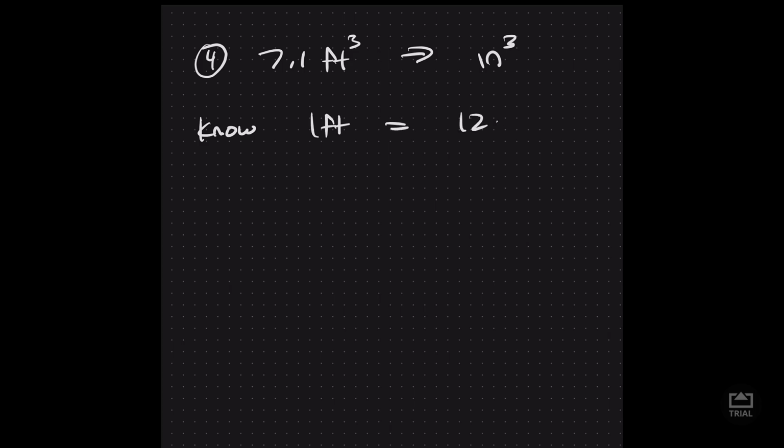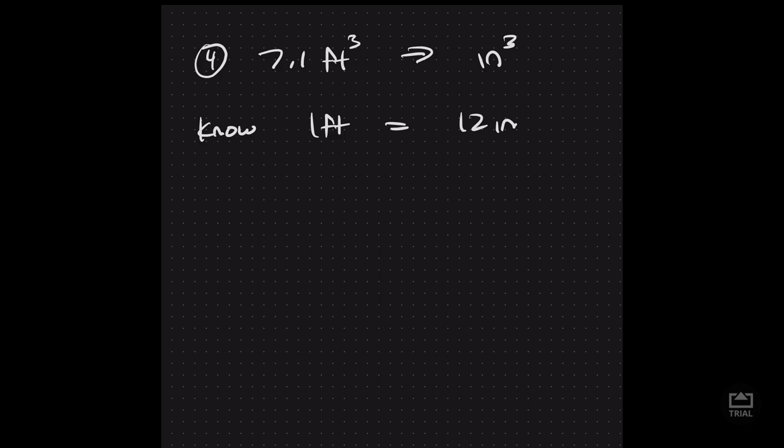Okay, one more. We're going to look at now doing this with the Imperial Units, and it's not really any different except that we're dealing with a different system. But if we want to go 7.1 cubic feet, or feet cubed, to inches cubed, or cubic inches, what do we know? Well, we know that 1 foot is equal to 12 inches.